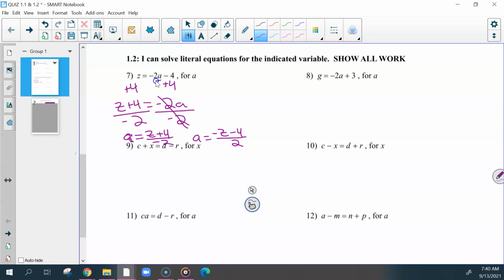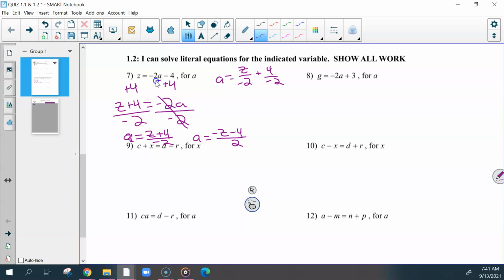You could have also taken the -2, kind of separated the fraction. So I'll do it from here. So instead of having this entire fraction, since I can divide 4 and 2, that would look like C over -2 plus 4 over -2. The only way to simplify that is if you separate the fraction.